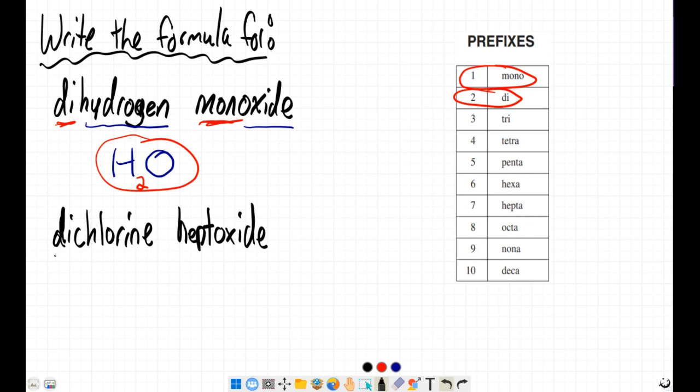And the next question, we have the prefixes di and hept. And the elements are chlorine and oxide, also known as oxygen. So I know we have chlorine and oxygen. And for the prefixes, di means 2, so there's 2 chlorines. And hept is 7, so there are 7 oxygens.